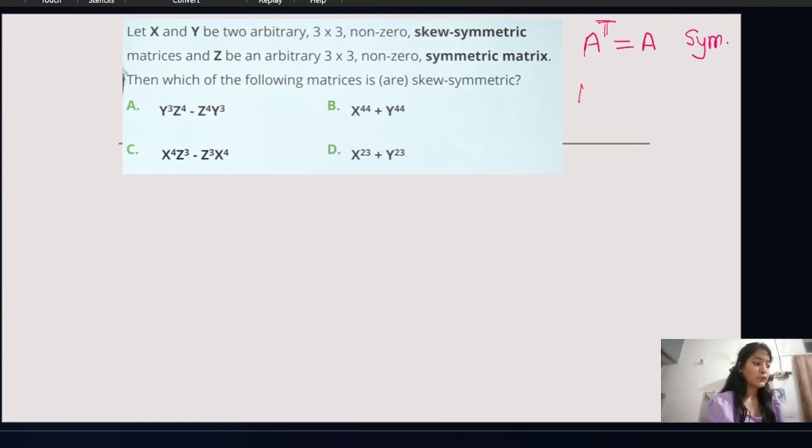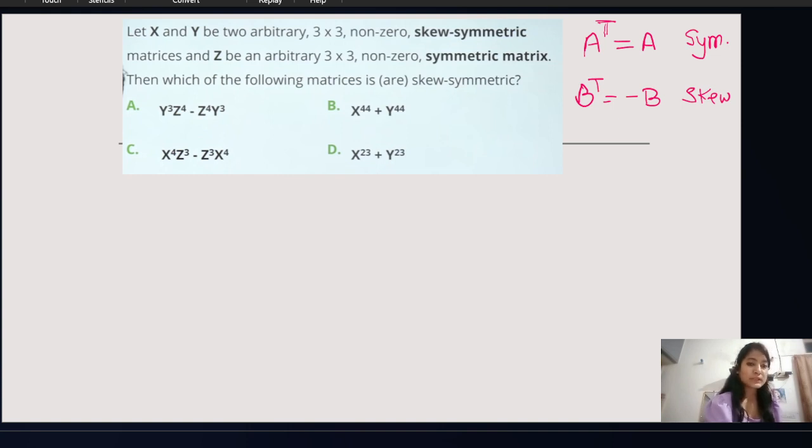And if you find the transpose of any matrix and you get the negative of the matrix, then you can say this is skew symmetric. I have discussed this in the last video. If you have not watched it, just go and watch the second lecture. I have explained it in detail there. Okay, so let's check all the options one by one.